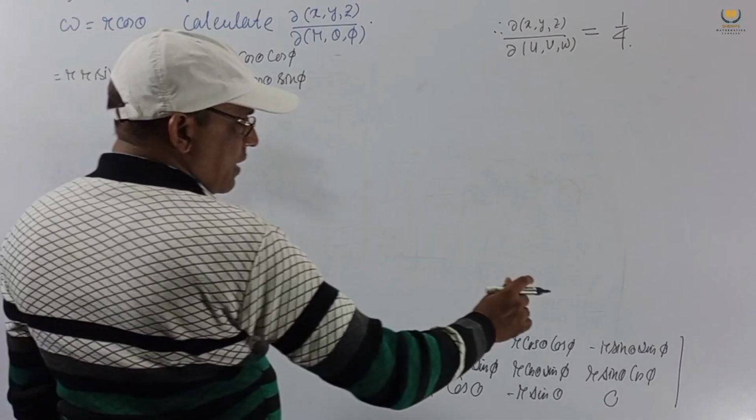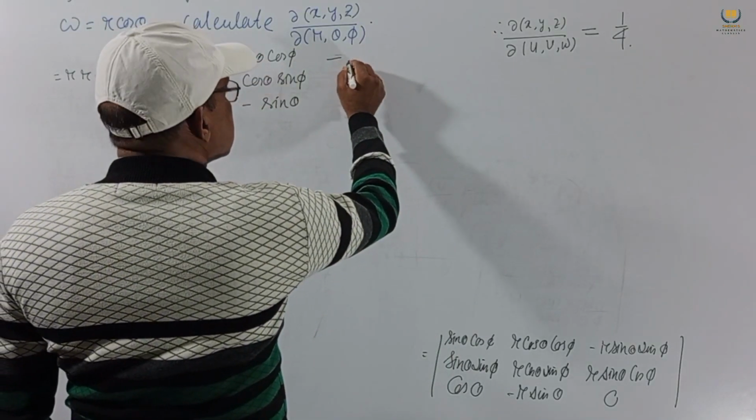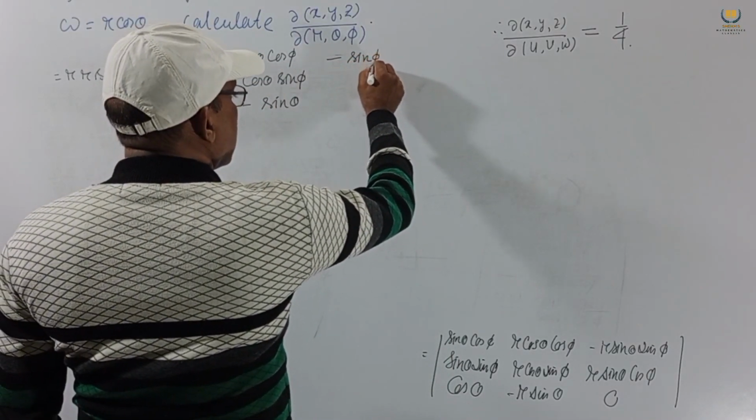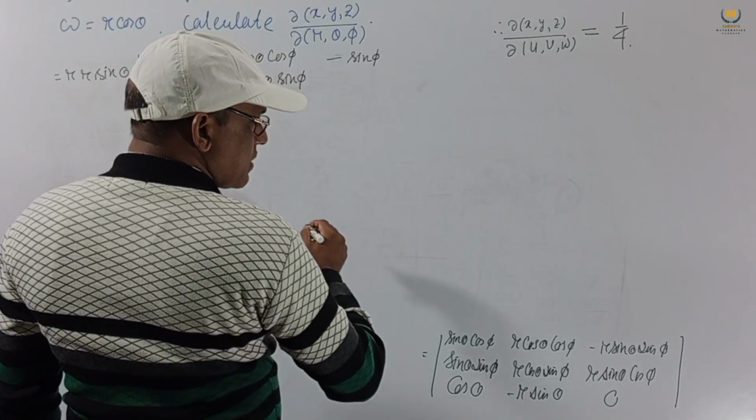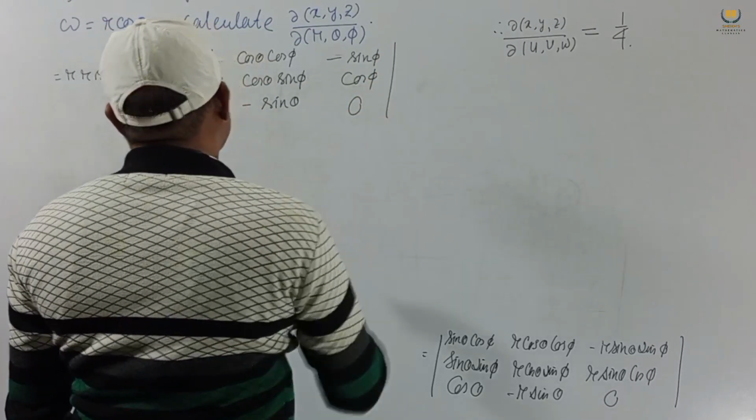And the last one, r sin theta common: minus sin phi, cos phi, and 0.